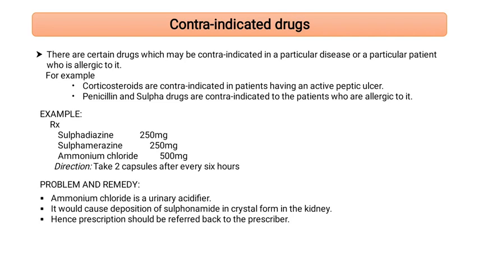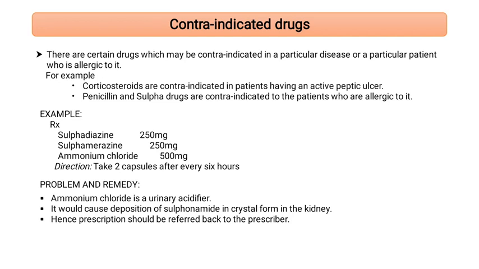Penicillin and sulfa drugs are contraindicated in patients who are allergic to them. For example, sulfadiazine 250 mg, sulfamerazine 250 mg, ammonium chloride 500 mg. Here the problem is that ammonium chloride is a urinary acidifier.